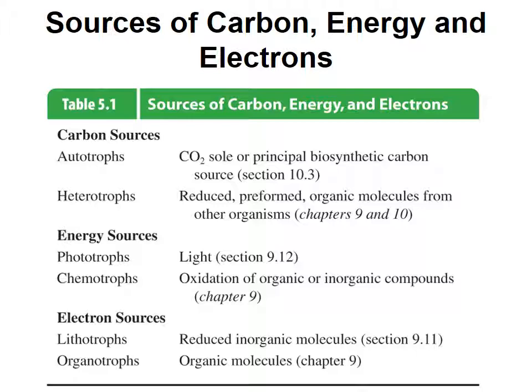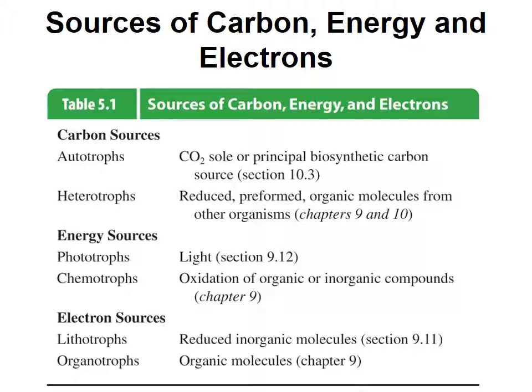So we already can imagine that microorganisms can be classified as autotrophs or heterotrophs, just like all other organisms. Of course, autotrophs use carbon dioxide as their carbon source, as you can see here listed under carbon sources, and heterotrophs use reduced preformed organic molecules, which they obtain from other organisms.